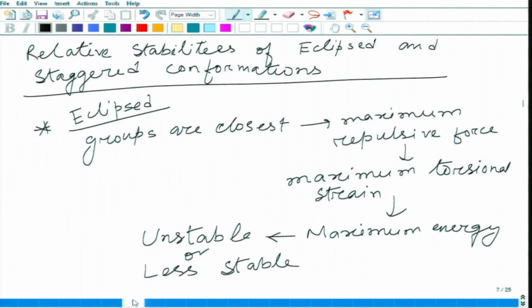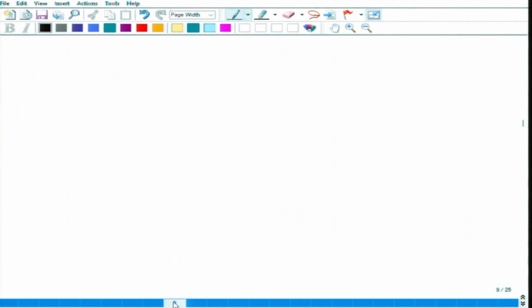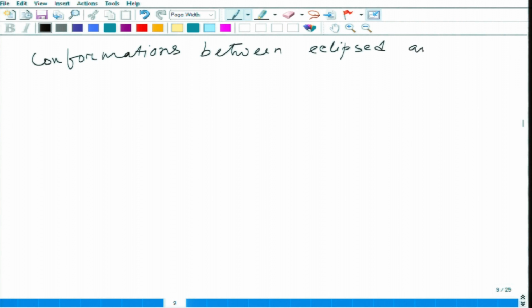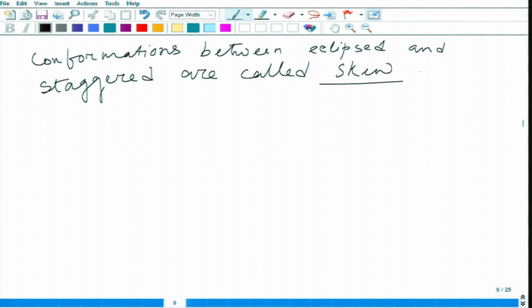So, any conformation between eclipsed and staggered are called skew.